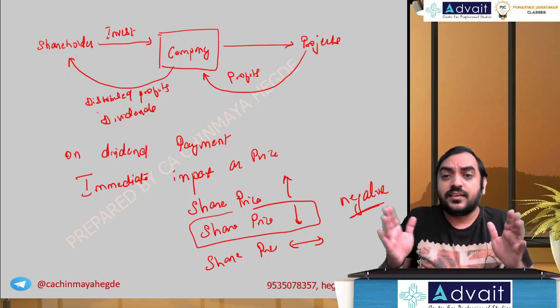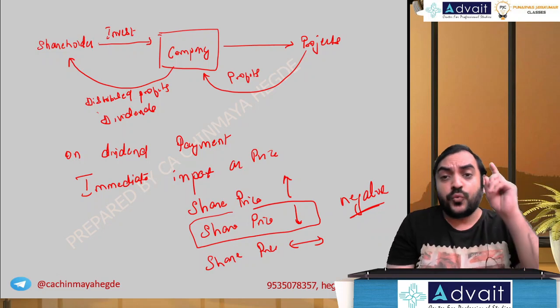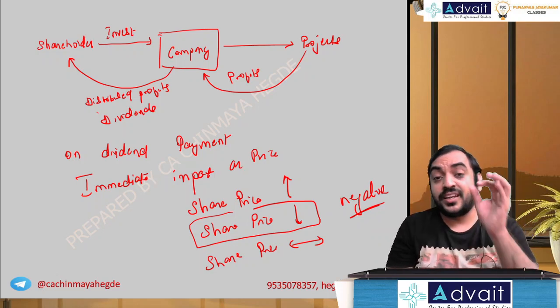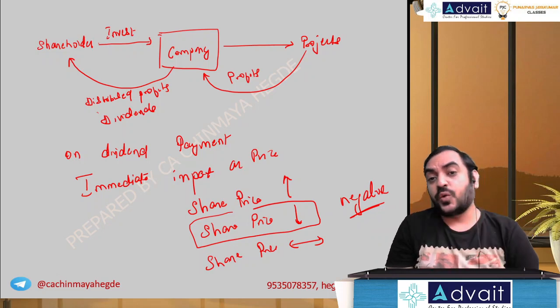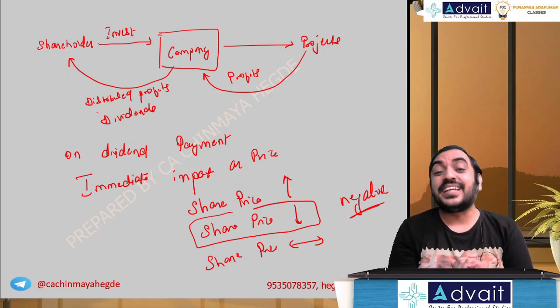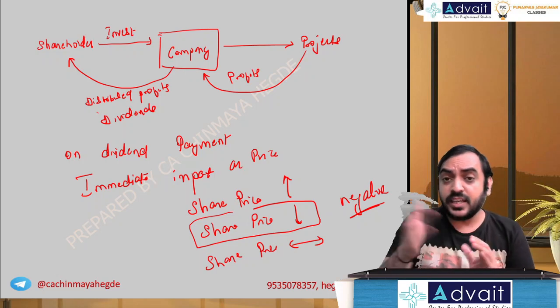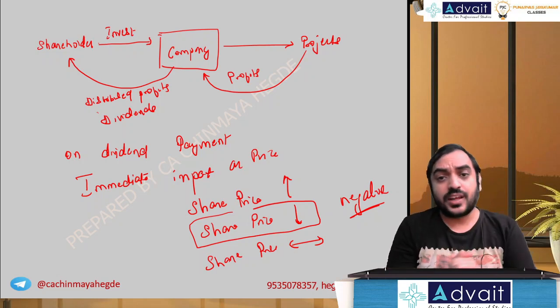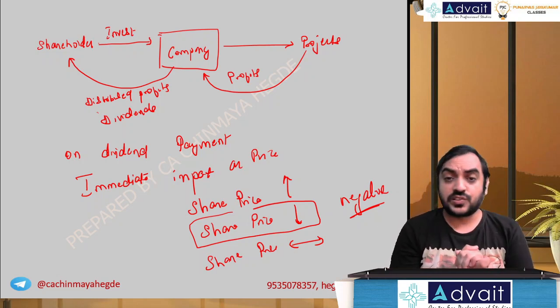Keeping it all aside, distribution of profits will reduce the net worth of a company, so the immediate impact is always negative, and it is also called the ex-dividend price. Immediately when the dividend is paid, that's called the ex-dividend price.